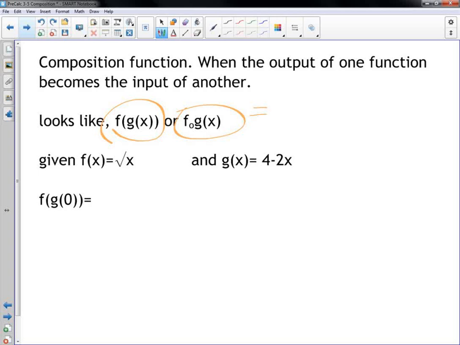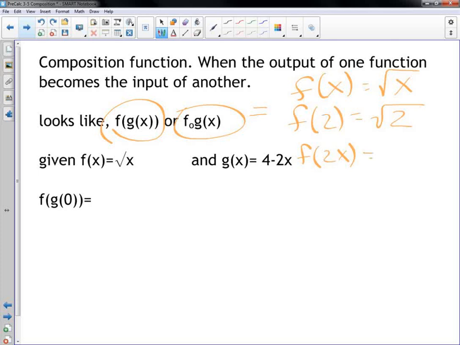Let's look right here. f of x is square root of x, right? If I told you that we're going to do f of 2, what would you put on the right-hand side of the equation? Square root of 2. You take whatever's inside, and you put it where x is. Okay? What if I put in f of 2x?